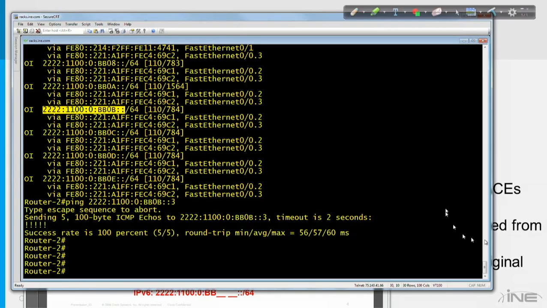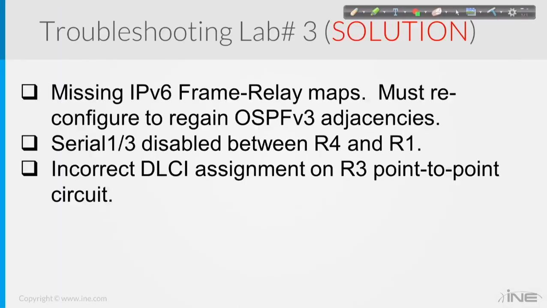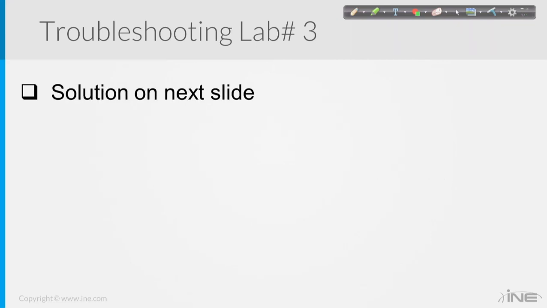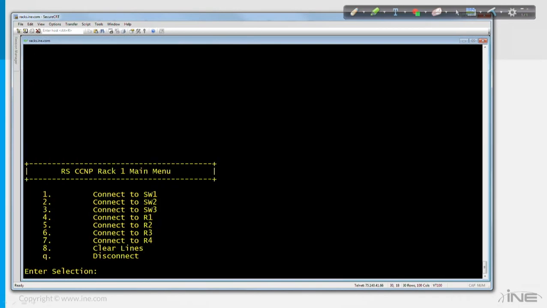So in this particular lab, the problem was that we were missing some IPv6 frame relay maps. Looks like we also had some problems on the point-to-point link. Let's check that out.